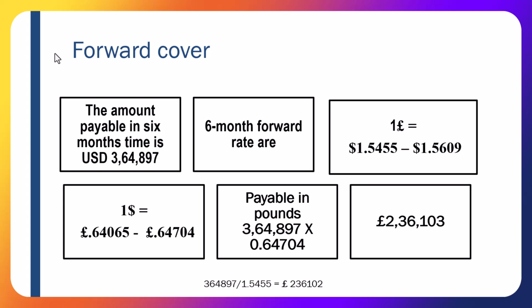This is the rate at which the dealer will be selling dollars to you. This is his sell rate and your buying rate. So you sell at 86, you buy at 87.